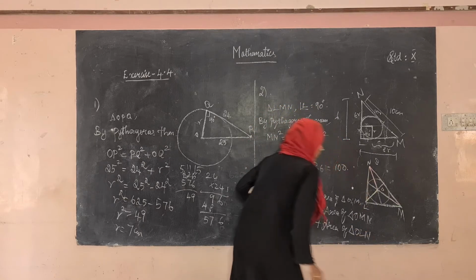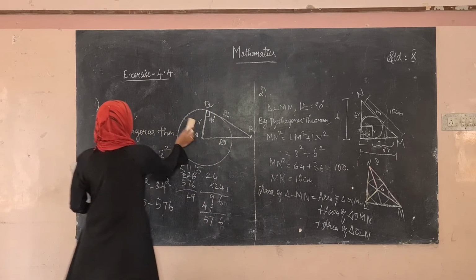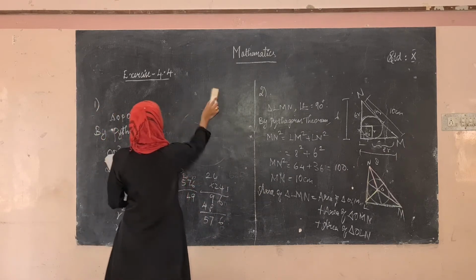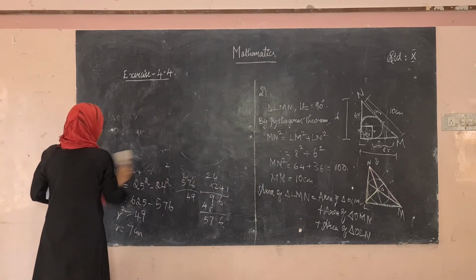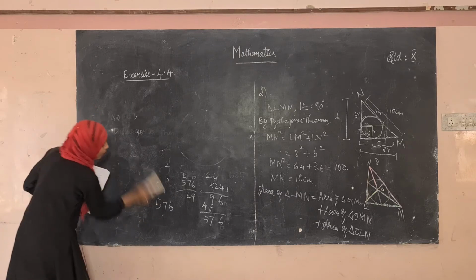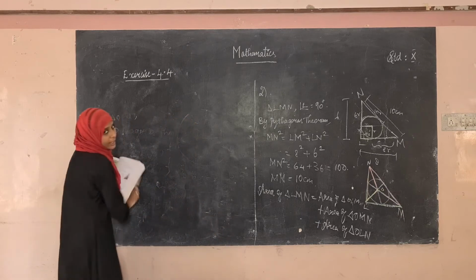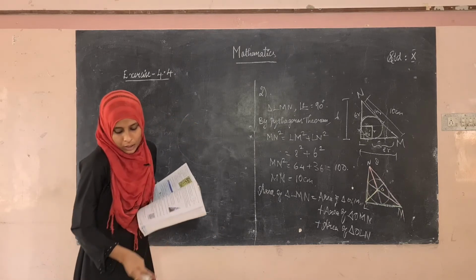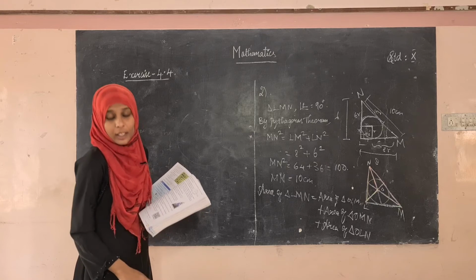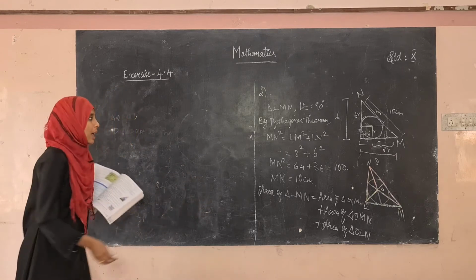Okay, we are going to take this now. Now we know the area formula of a right angle triangle. What's the area of the right angle triangle's formula? Area of the right angle triangle is half into breadth into height, right?